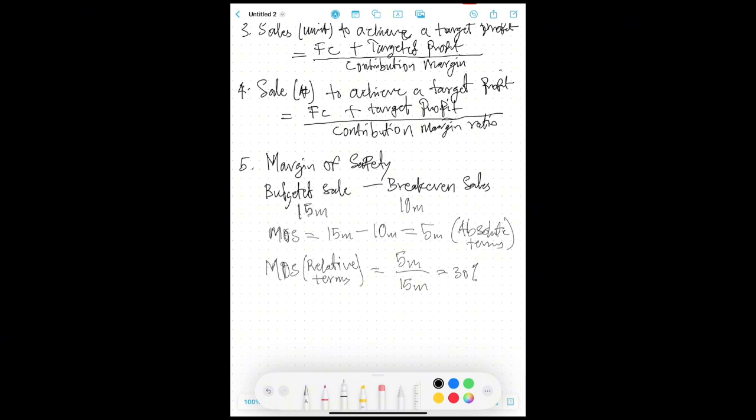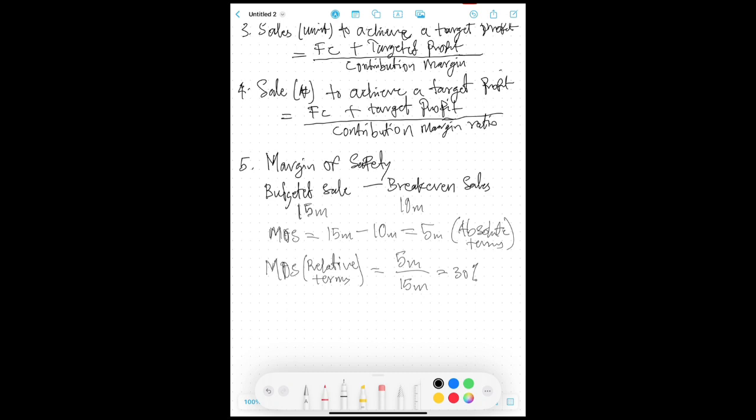This doesn't just go like this. If we are looking at the margin of safety, the absolute term is 5 million. If you are speaking to management, the assumption is that they are not accountants, so you need to explain to them what a 5 million margin of safety means. It means that sales should not fall by more than 5 million from the budgeted sales level. If not, a loss will result.